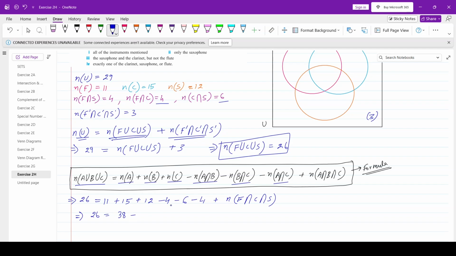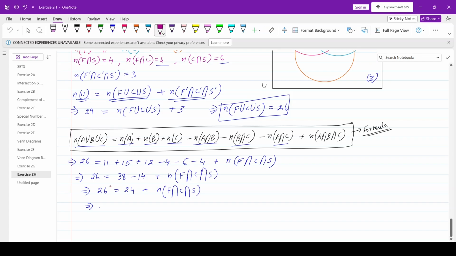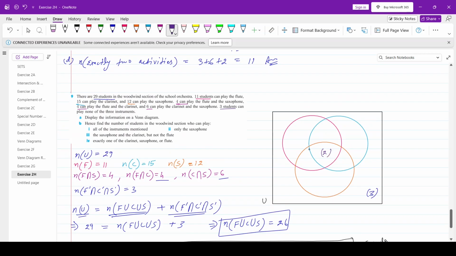So 38 minus 4 minus 6, that is going to be minus 10, and minus 4, minus 14 will be here, plus the number of elements in F intersection C intersection S. So 26 is equal to 38 minus 14, that is 24, plus the number of elements in F intersection C intersection S. Now we can say that the number of elements in F intersection C intersection S is 26 minus 24, that is 2. And on the Venn diagram, this part is 2.